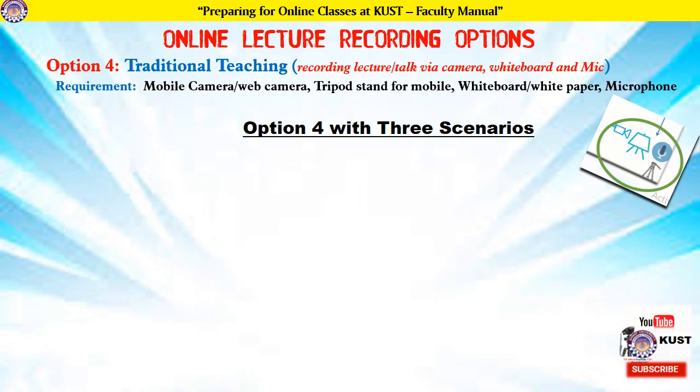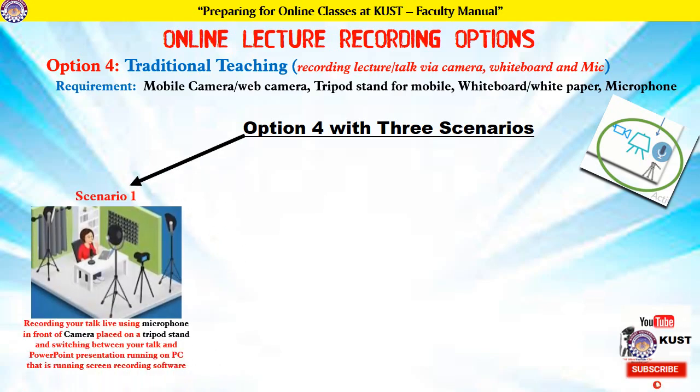For that, first of all, you will need a mobile camera or a web camera, a tripod stand for your mobile or camera to be placed, a whiteboard or a piece of paper on a table at which that camera is directed, so that whatever you write is captured, and a microphone.